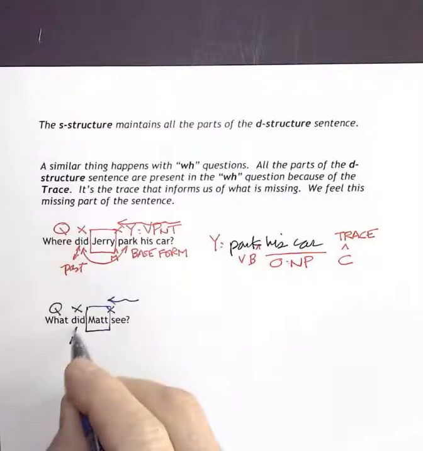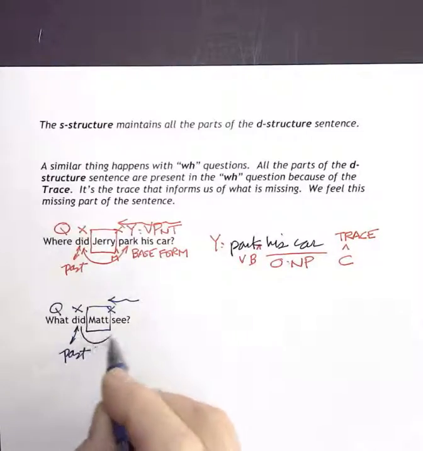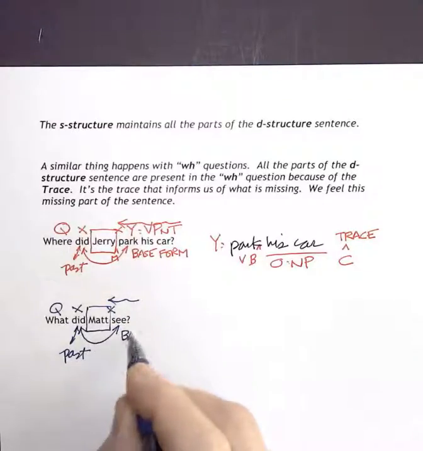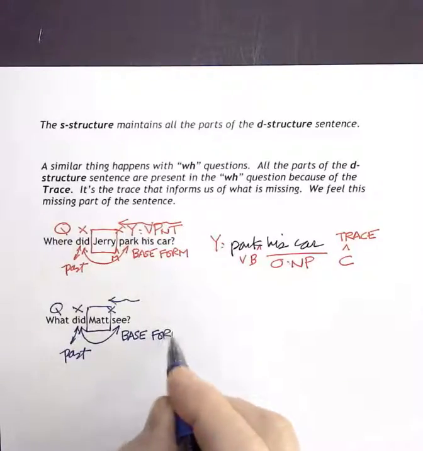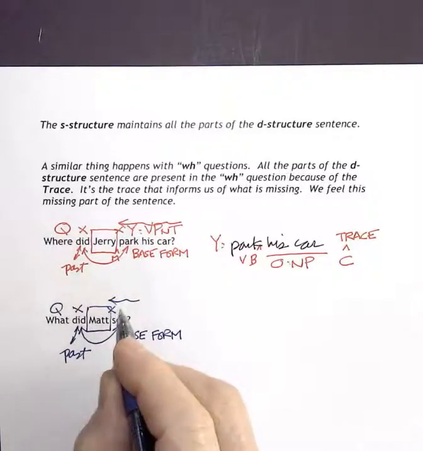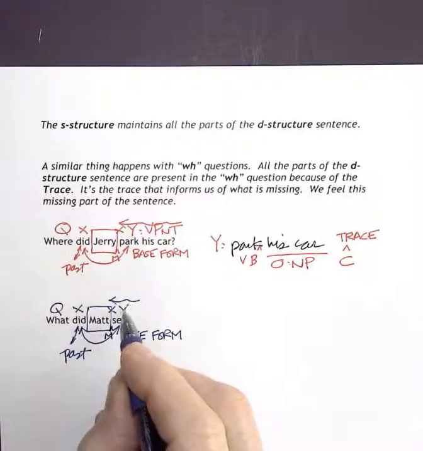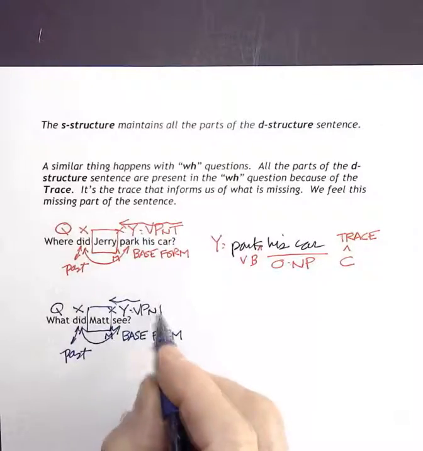Did is past. Did ties with see. That's the base form. The M place is here. Y is see C, and Y is a verb phrase, no time.